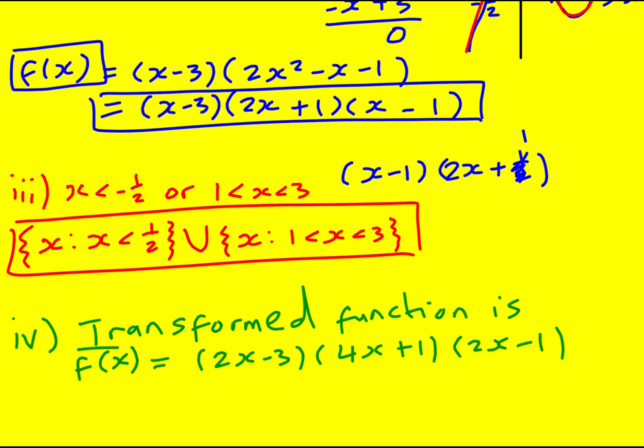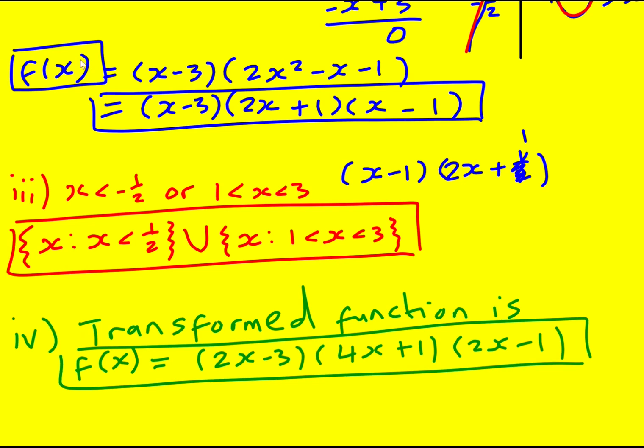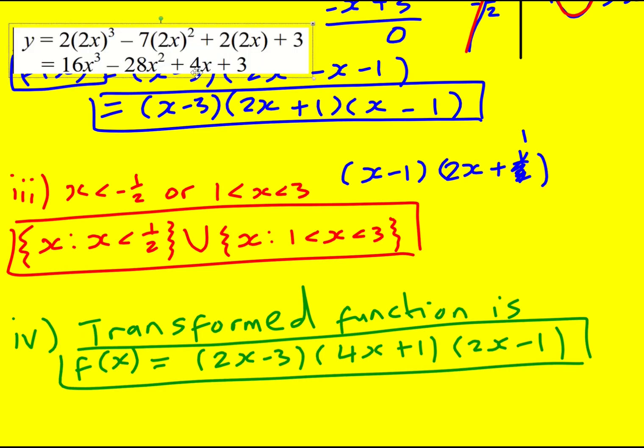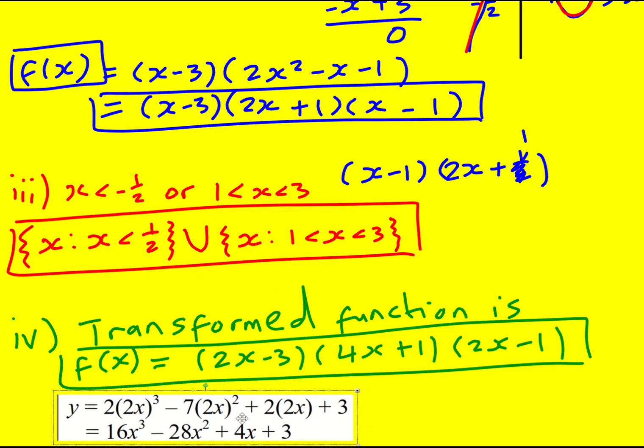So this is definitely accepted by the answers and is the quickest way of doing it. You could alternatively, like I said, put it back into the original, and it doesn't take loads longer. You get this instead. Brilliant.